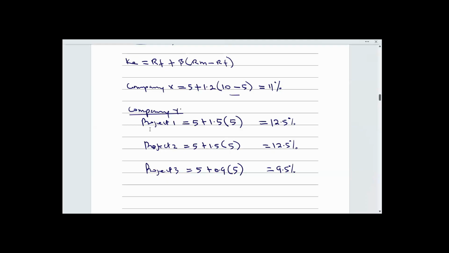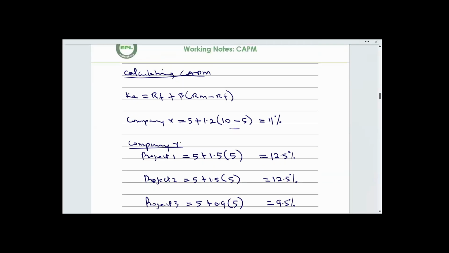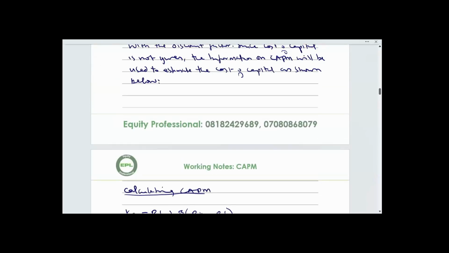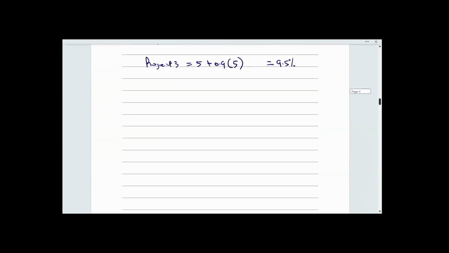So now that we have computed the expected return of each company, we can proceed to calculate the present value. Like I said, to calculate the present value, we multiply cash inflow with the discount factor.